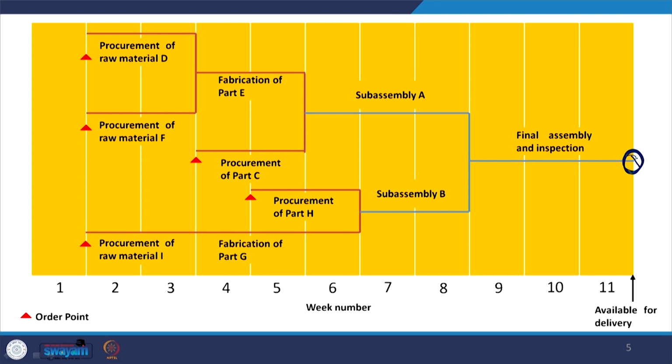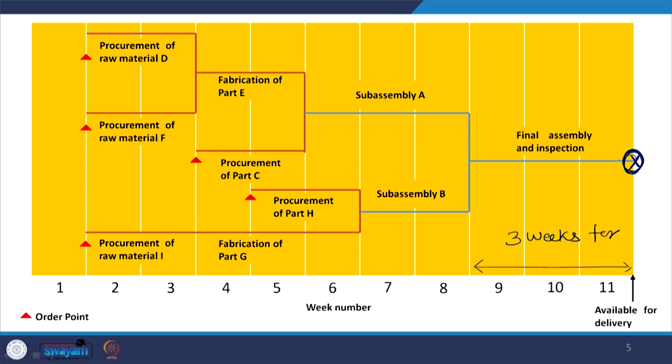This is your product X. This is available for dispatch at the end of the 11th week. Now, when you are giving the order for various components, you see it is taking 3 weeks for final assembly and inspection.